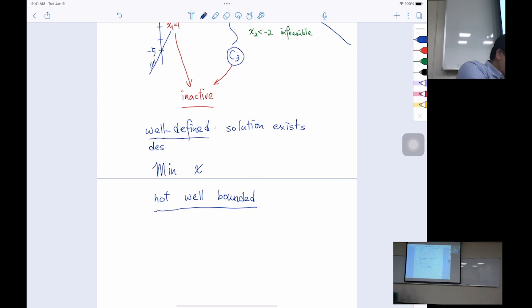There are many ways to describe what a problem looks like, but the problem of optimization is that people sometimes describe things in their own way. So sometimes they use well-defined or well-bounded. You need to read enough to figure out, okay, this means that.